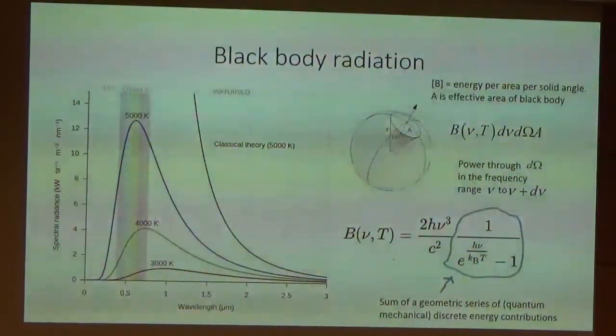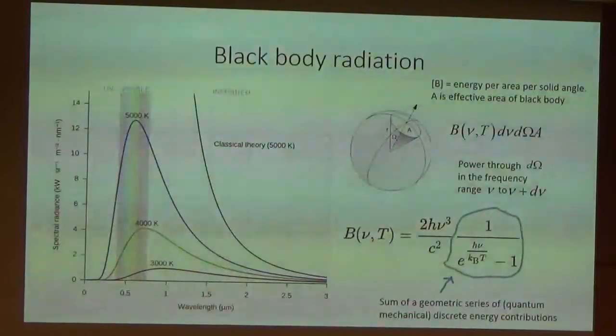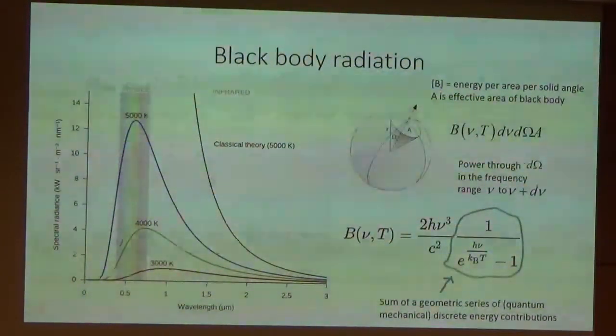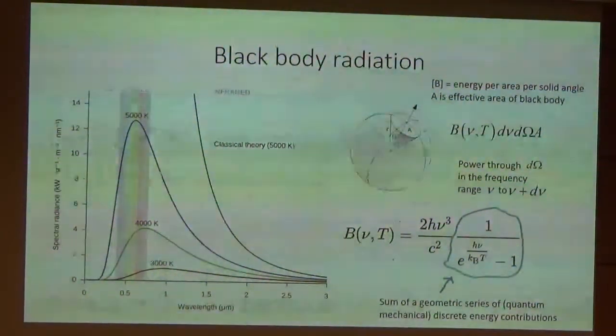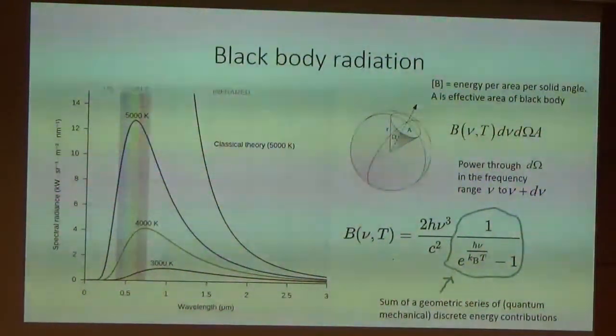Okay, so this expression gives us the energy per area, per solid angle. A solid angle is a kind of two-dimensional analog of the standard angle, because when you go around the circle, it adds up to 2 pi. It's really the ratio of the length of the arc divided by the radius. That's the angle in radians. And we have the analog for how big a part of a sphere we fill.